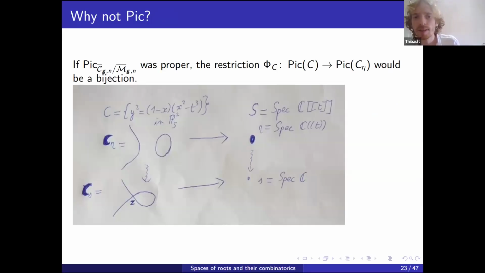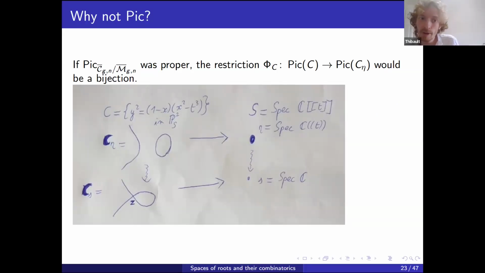Now let's look at the details of this failure of properness a little more. Look at a picture like this, where I give you a family of curves over Spec C double bracket T. The double bracket is to avoid problems further in the affine line, but basically you should look at a family of curves over the affine line.